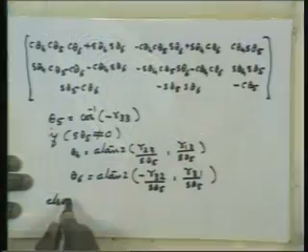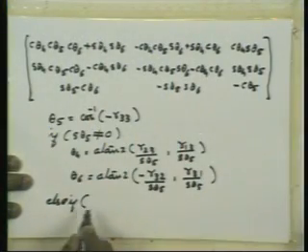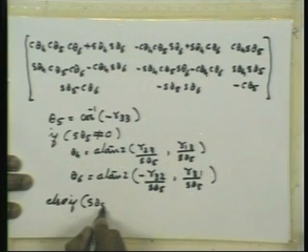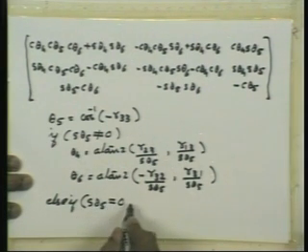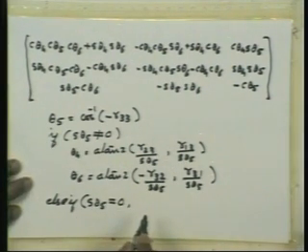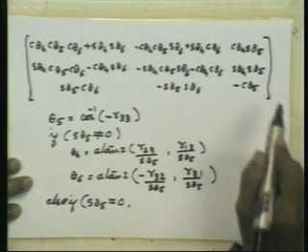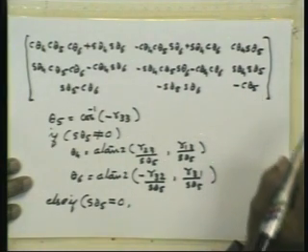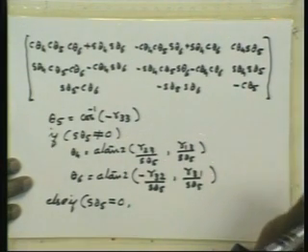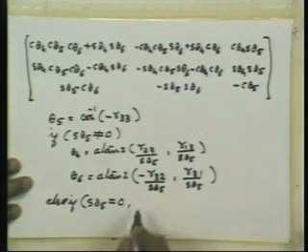So what if this is equal to 0? There are two possibilities. When sin theta 5 is equal to 0, cos theta 5 could be plus 1 or minus 1.